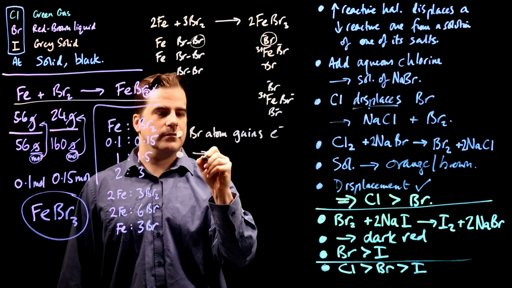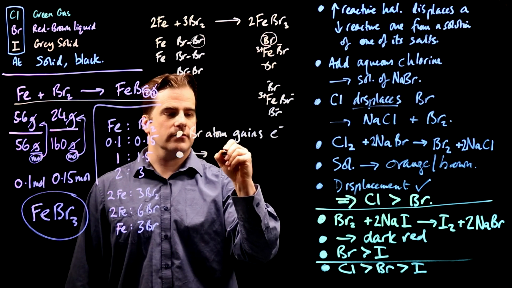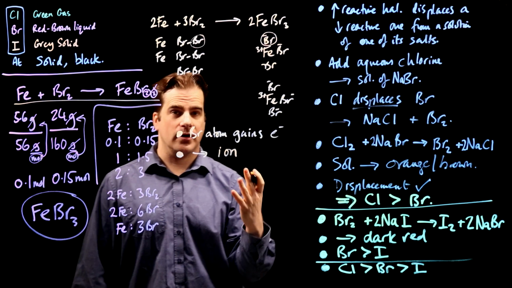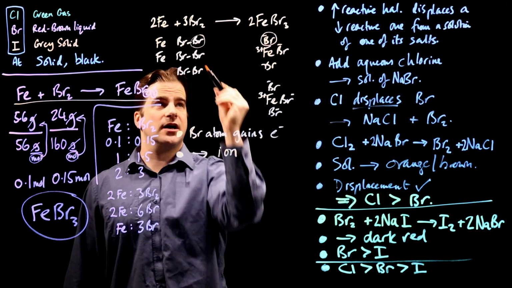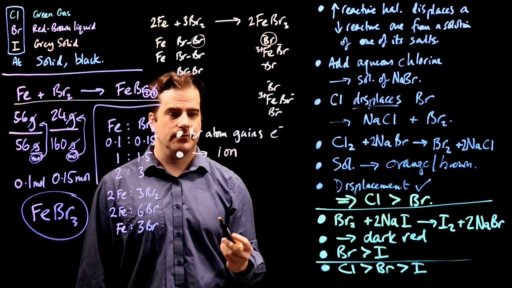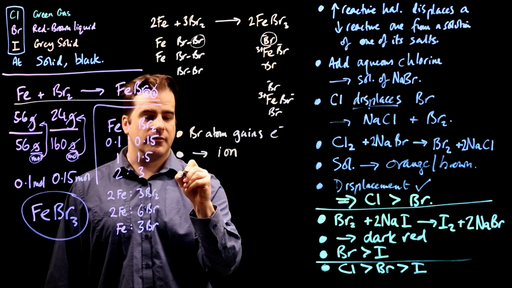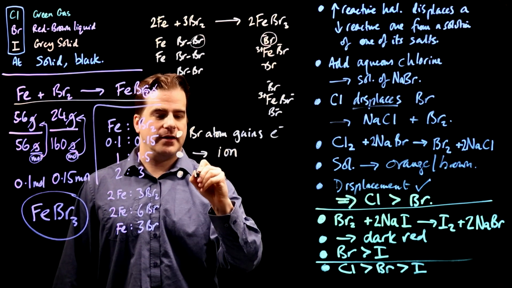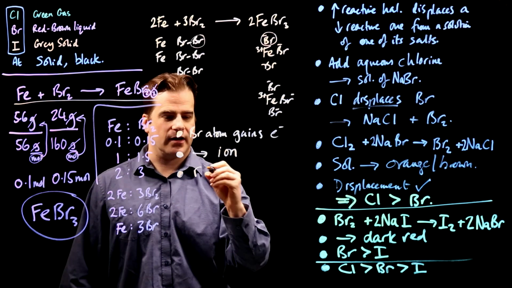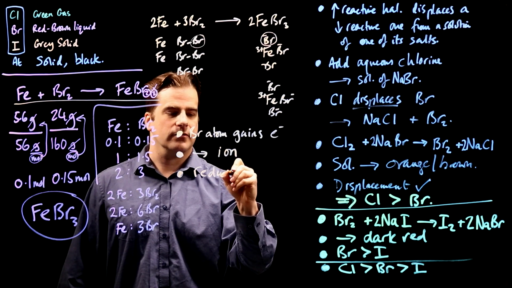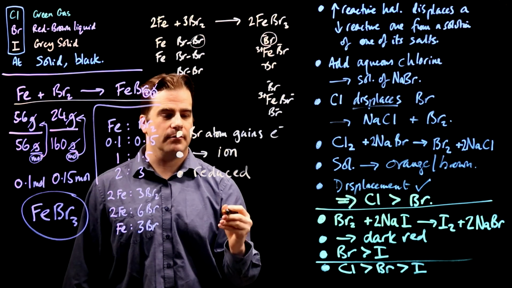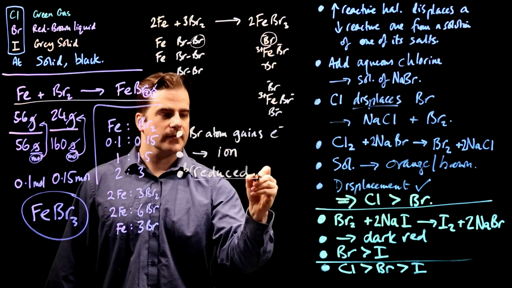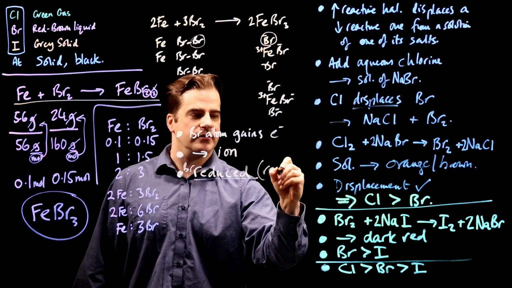And it becomes an ion. An ion is a charged particle. It's not charged there, but now it's charged. And what type of reaction is this? When something gains electrons, it's being reduced, or it's a reduction reaction. Okay, the bromine is reduced. Okay, so reduction reaction.